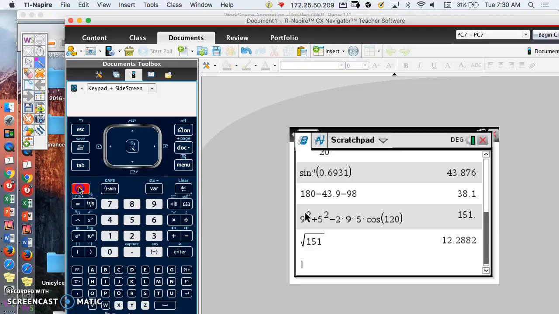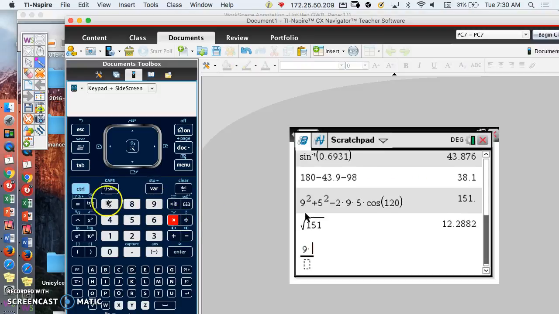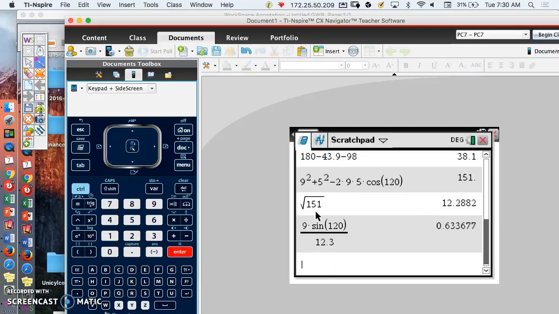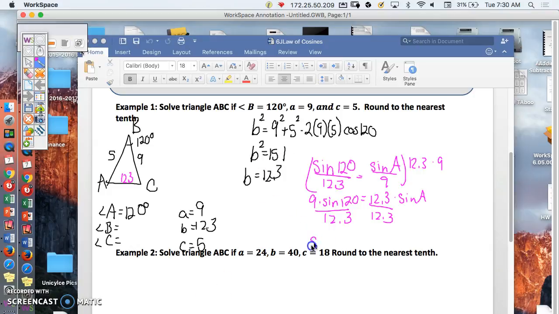So 9 times the sine of 120 divided by 12.3 is 0.633.